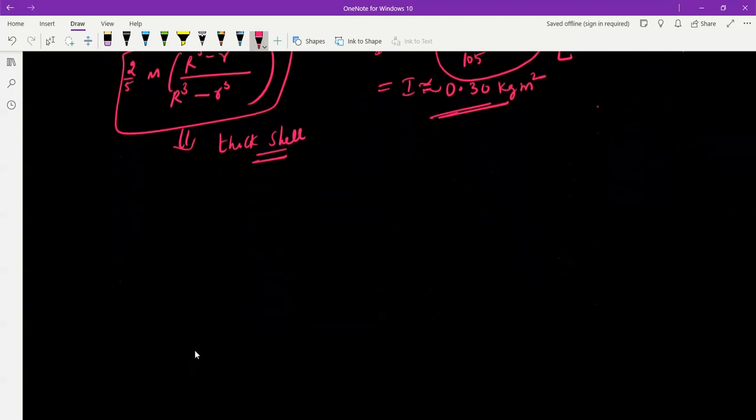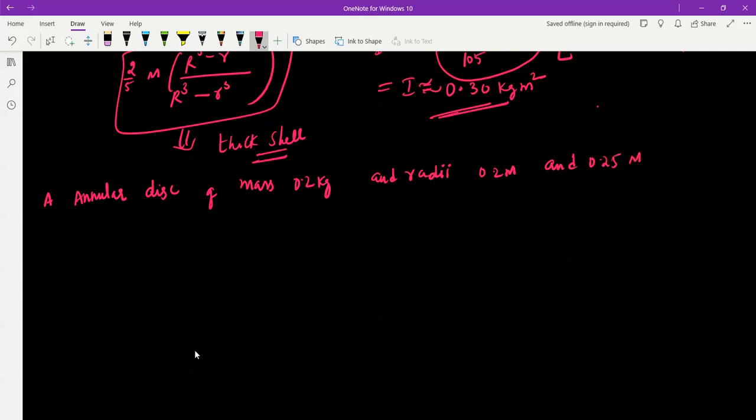Okay, next one. An annular disc of mass 0.2 kg and radii 0.2 meter and 0.25 meter rolls such that the center has a velocity of 0.5 meter per second.